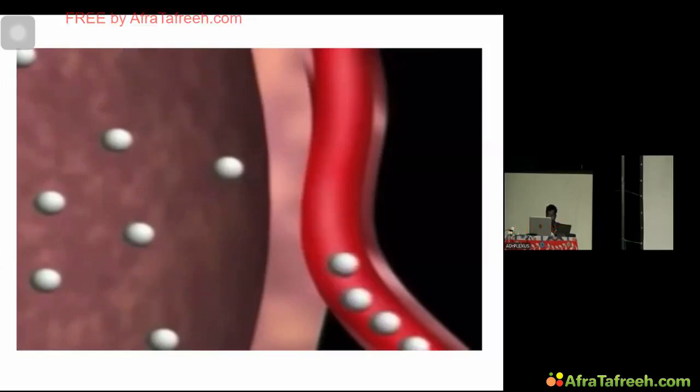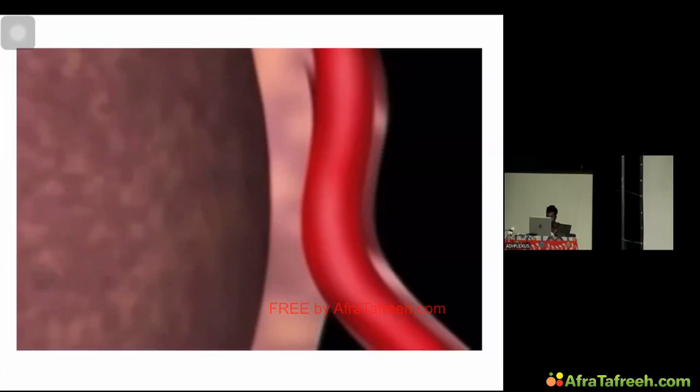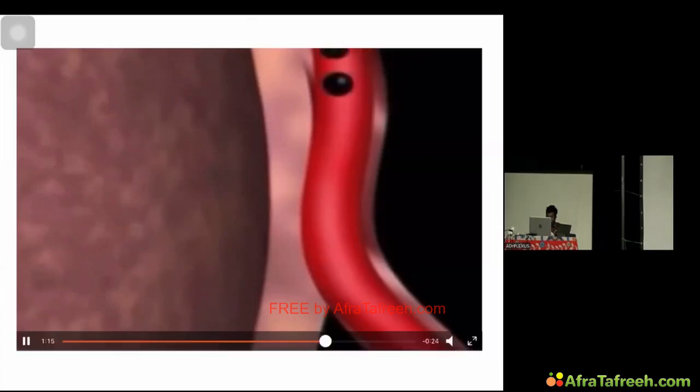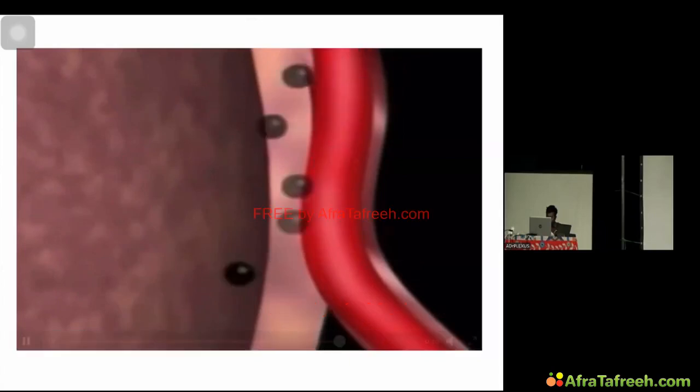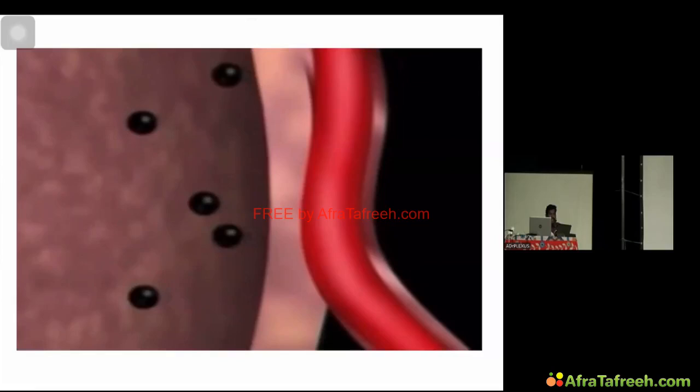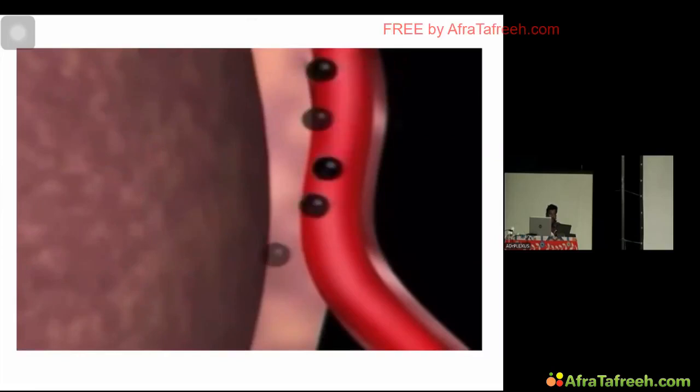In turn, carbon dioxide crosses and enters the alveoli. So any gaseous exchange has to cross the alveolar epithelium, interstitium and vascular endothelium.